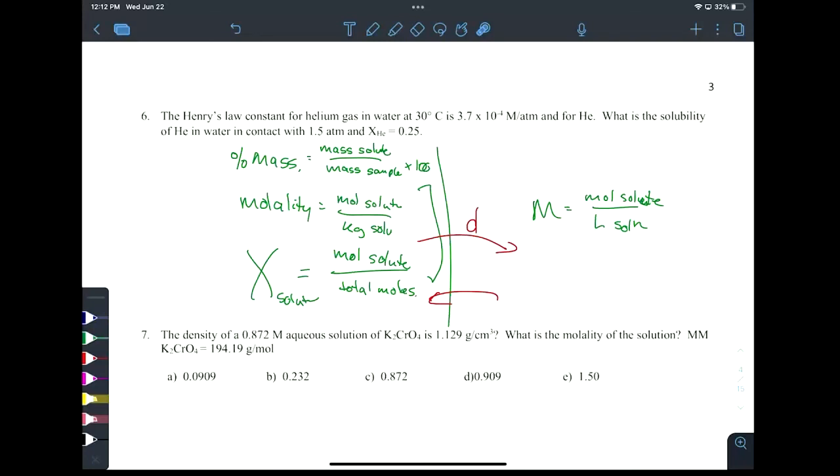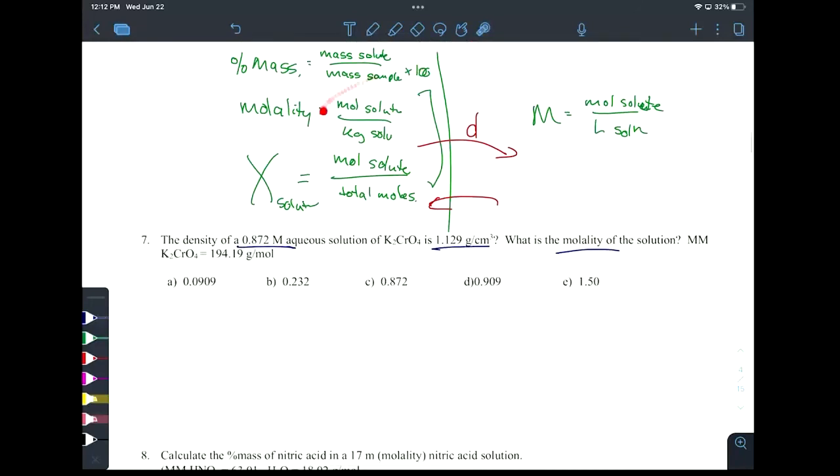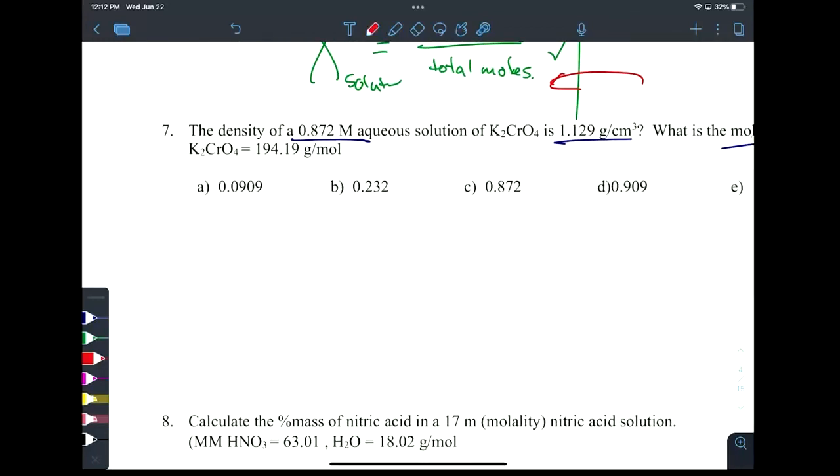All right, so let's do this one. We have the density of this molarity aqueous solution, and the question asks what is the molality of the solution? Here we're going from molarity to molality, so we do need density, but I'll show you where we need it. My strategy is I take the concentration unit that's given and write out an equality that helps me understand what it means.